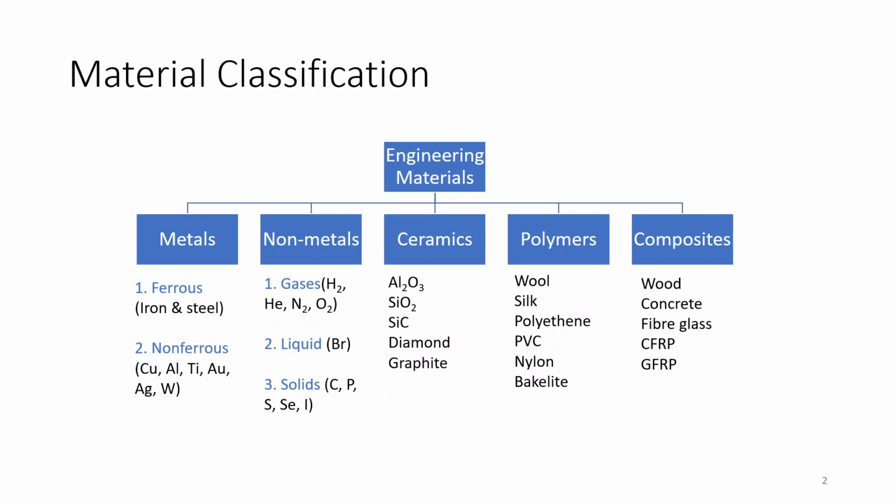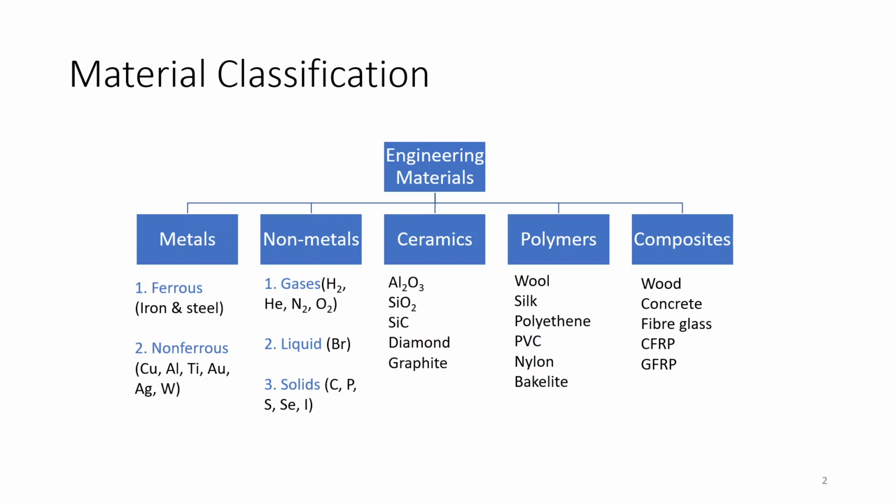Next, you have non-metals. In this case, you find different types of bonding compared to the metallic bonding or other bonding. Non-metals can be classified based on their physical state. They can be gases such as hydrogen, helium, nitrogen, oxygen, and other gases.